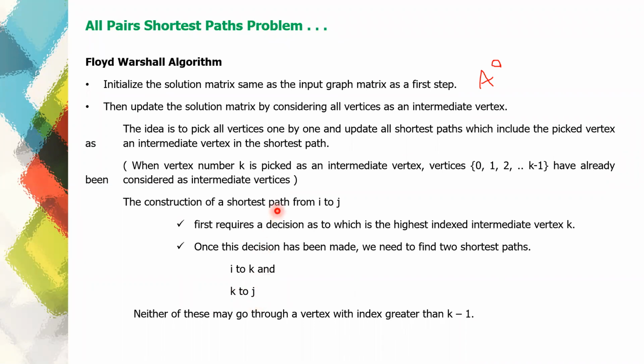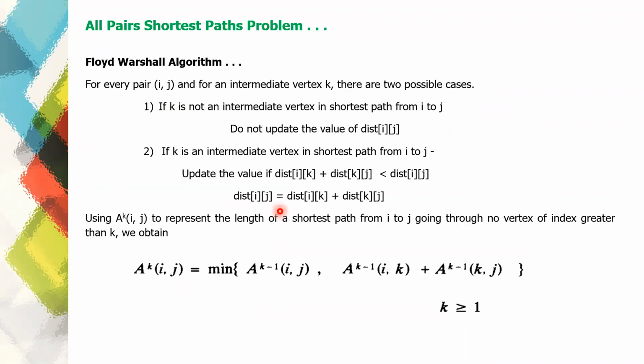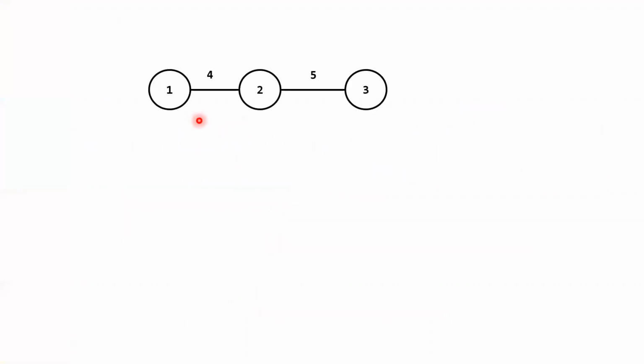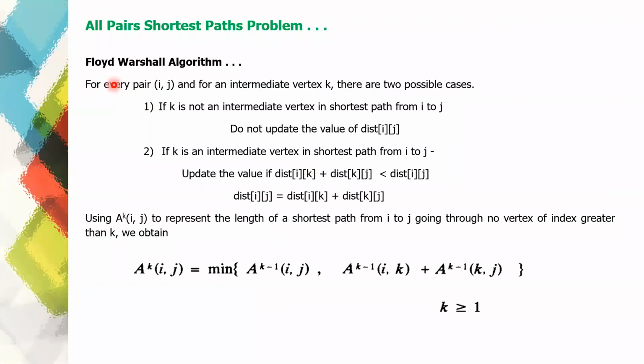So for that, let us try to work on a problem. Before working on a problem, you'll need to know a small technique: when to update a distance matrix and when you should not update it.